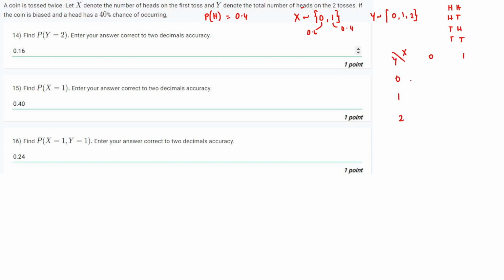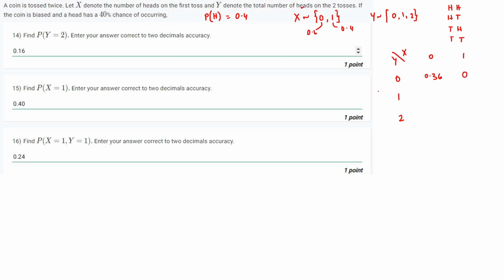So if I have tail on both, I'll have 0.6 into 0.6, that is 0.36. Now for x as 1 and y as 0, this cannot happen. If I already have x as 1, that is head on the first toss, I cannot get y as 0. So this possibility is not possible.